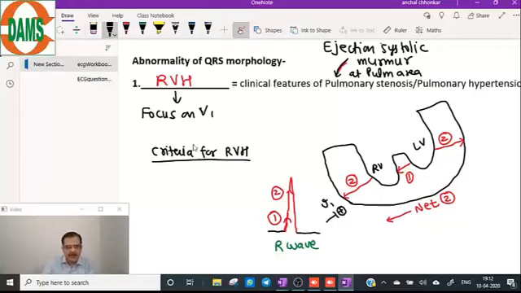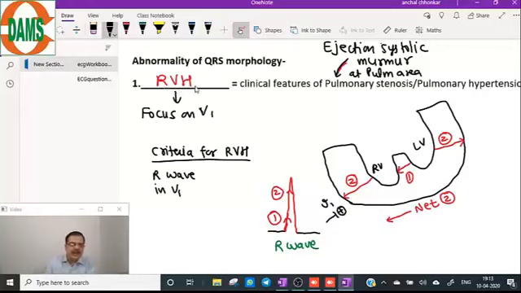So the criteria for RVH will be R wave in V1. How do we know which lead to focus on? As I have told you, wherever the pathology is, you focus on that particular side.